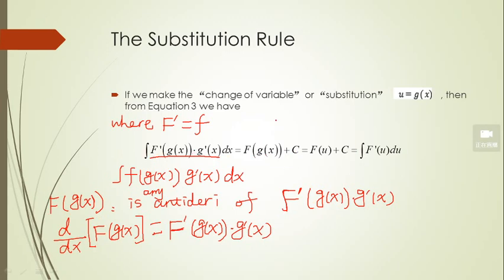Now we know u is g(x), right? We let u equal g(x), a function of x. So here we can rewrite it as f(u). And we also understand this equals the integral of f(u) du. What is the antiderivative for small f(u)?